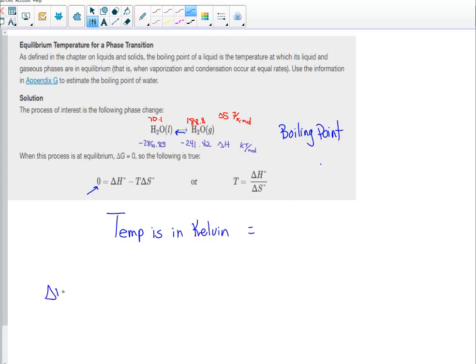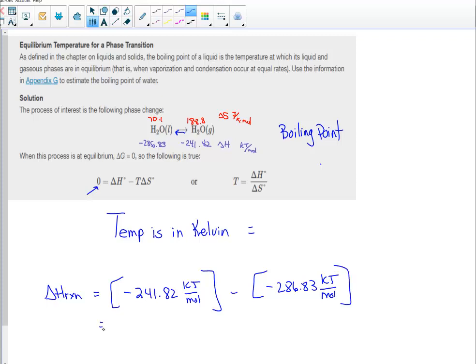Let's take the delta H, taking the sum of the product, which is the gaseous water value of negative 241.82 kilojoules per mole. And I'm going to subtract the reactant value, which is negative 286.83 kilojoules per mole.